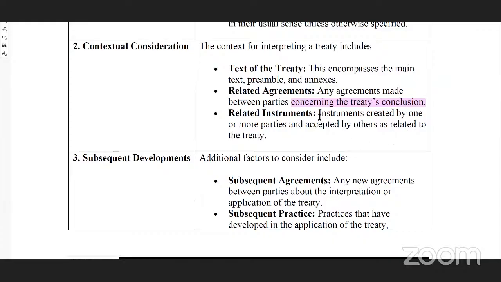Then other related instruments can be used as means of treaty interpretation, right? An instrument created by one or more parties and accepted by the others as related to the treaty. So protocols and other instruments like attachments to the treaty can all be considered as contextual considerations for interpreting tax treaties.